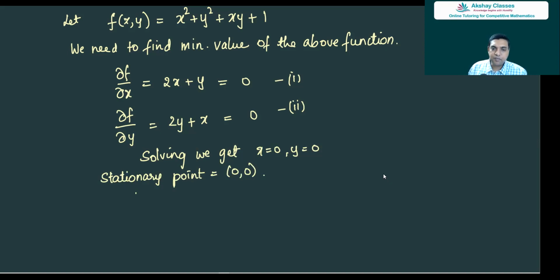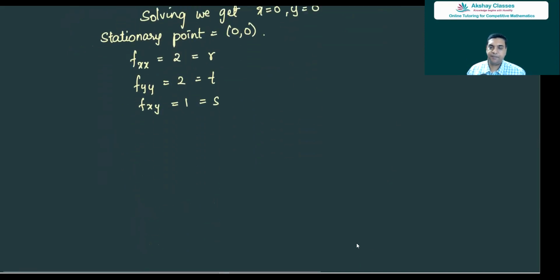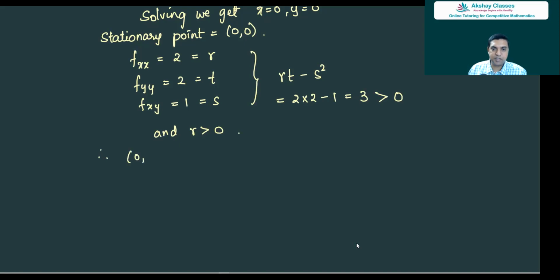Now f_xx is 2, which is r. f_yy is 2, which is t. f_xy is 1, which is s. So in respect of (0, 0), rt minus s square is 2 into 2 minus 1, which is 3, greater than 0, and r is greater than 0. Therefore (0, 0) is the point of minimum.